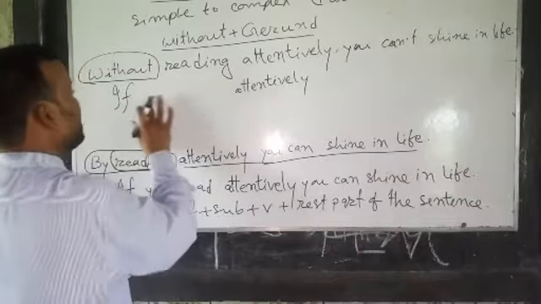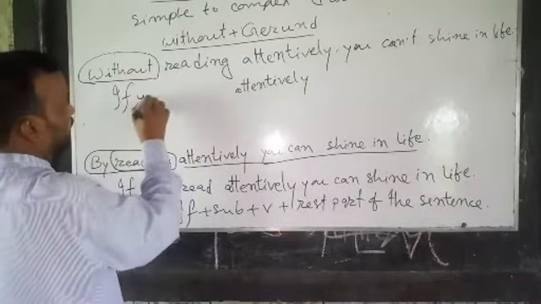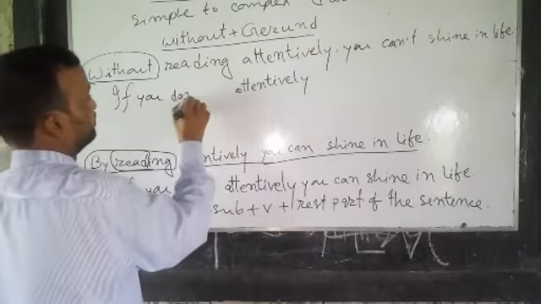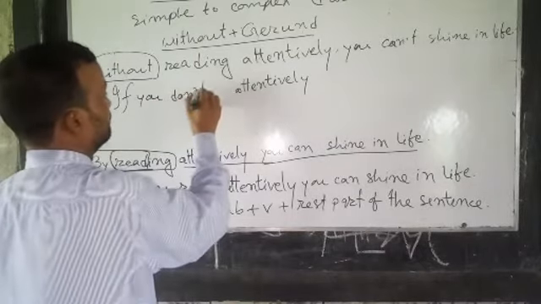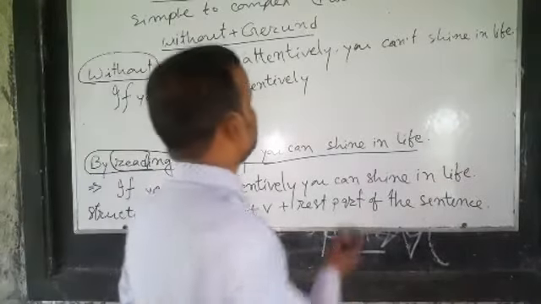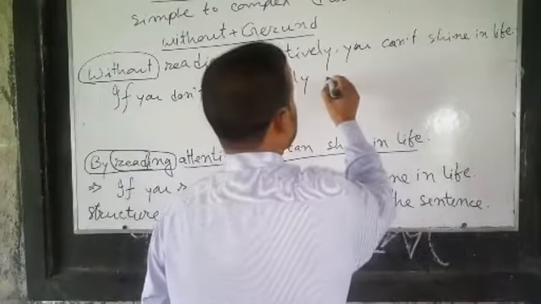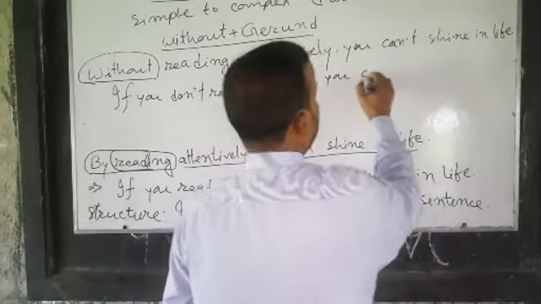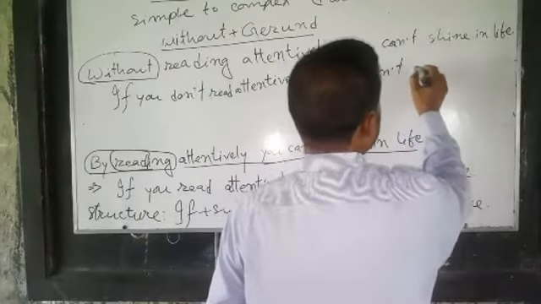So, here you have to use if you don't read attentively, then the rest part of the sentence: you can't shine in life.